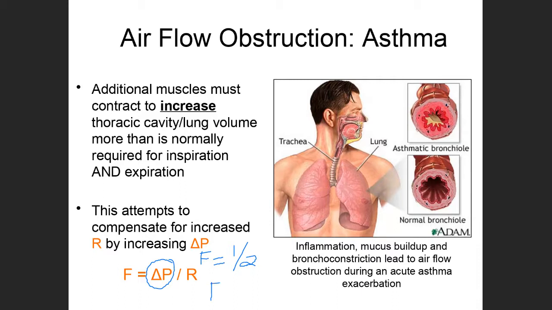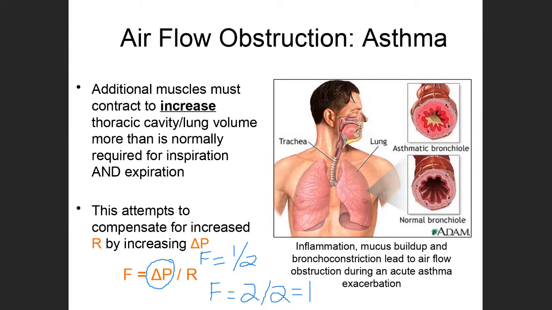So if you think about it this way, if they're able to create a difference in pressure of 2 instead of the 1 that's normally needed, even if their resistance has doubled, that's going to compensate and allow them to get the normal amount of airflow that they would normally get. So they've got to work on really increasing this difference in pressure between the atmosphere and intrapulmonary pressure.